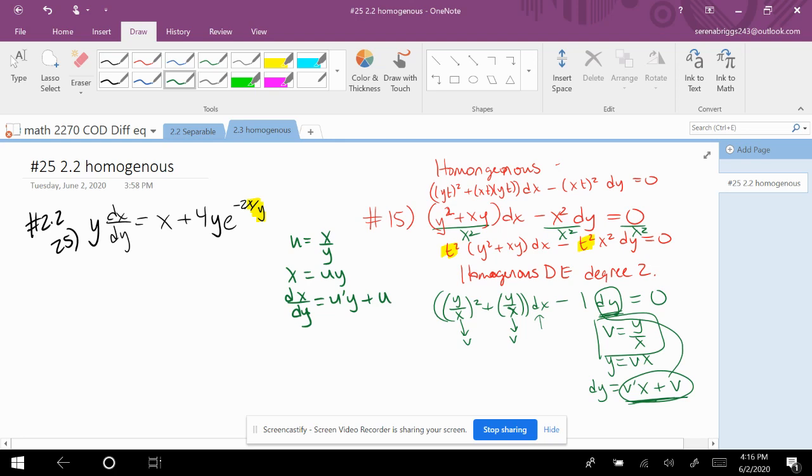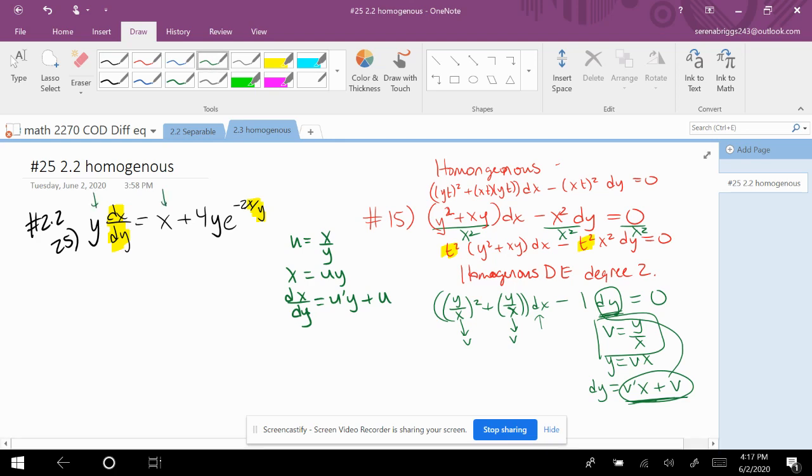That's what I'm going to substitute in for dx over dy, which is another indication that this is the best substitution, because what they're asking for is dx over dy instead of dy over dx in this differential equation.